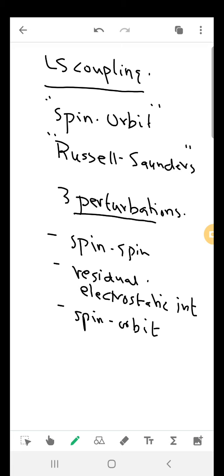Now, considering the first one, the spin-spin correlation, the individual angular momentum vectors of the optical electrons are strongly coupled with one another to form a resultant spin angular momentum.